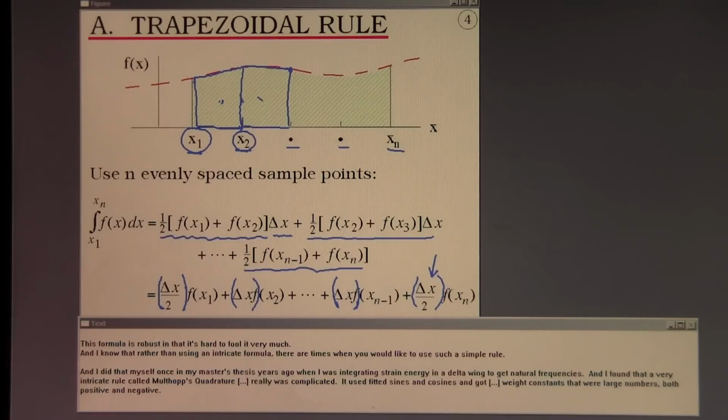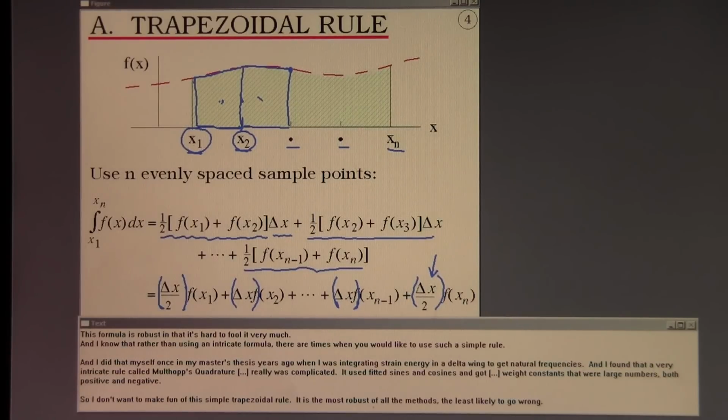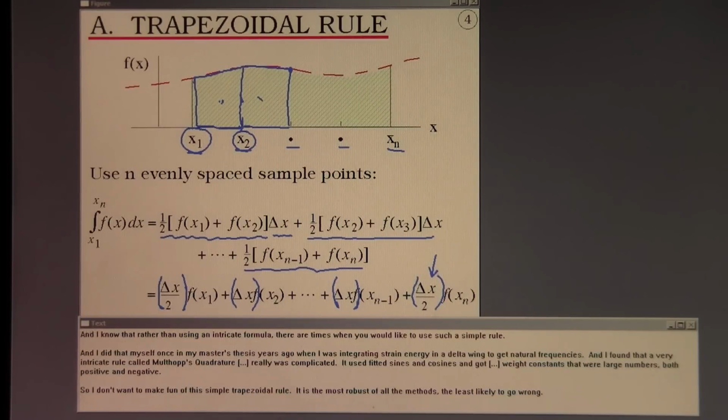And I found that a very intricate rule called Moltop's quadrature really was complicated. It used fitted sines and cosines and got weight constants that were large numbers, both positive and negative. So I don't want to make fun of this simple trapezoidal rule. It is the most robust of all the methods, the least likely to go wrong.